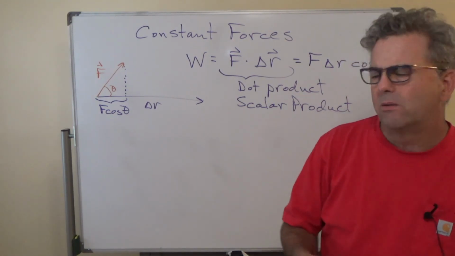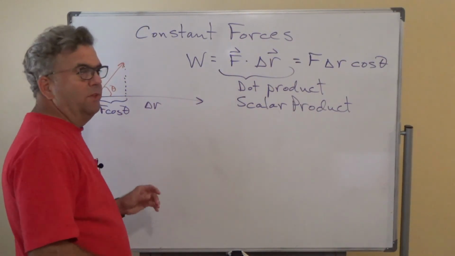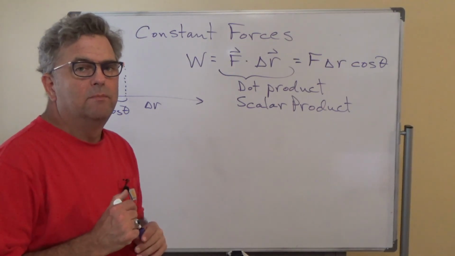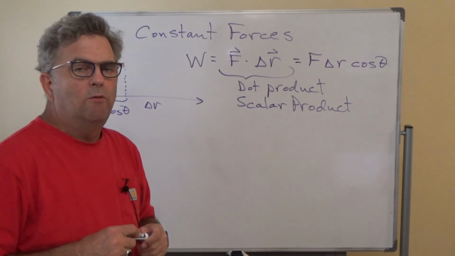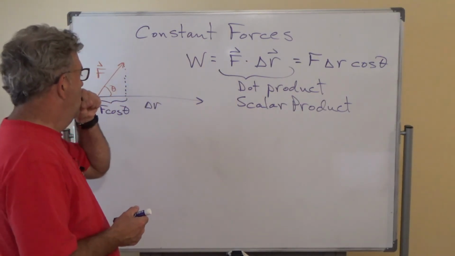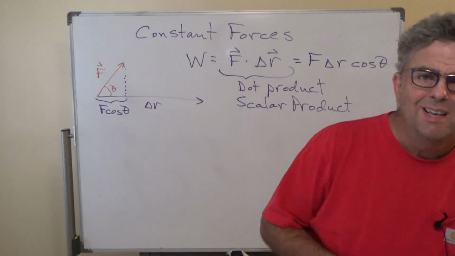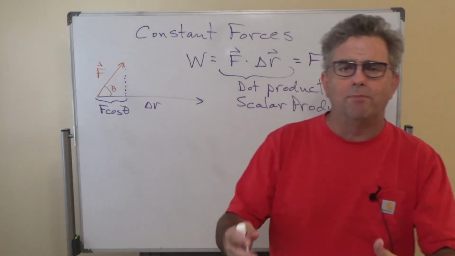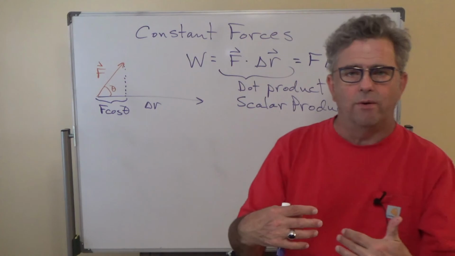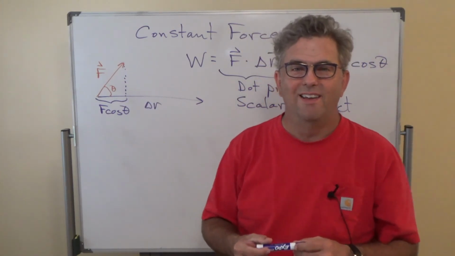And it's really this amount of force in the direction of the displacement. Forces that are at a right angle to the displacement do no work. They're not speeding up the object or slowing it down.